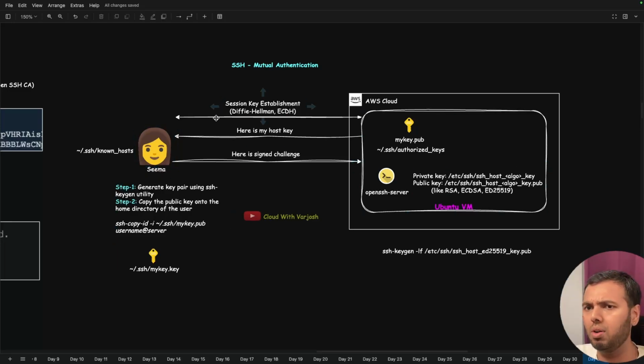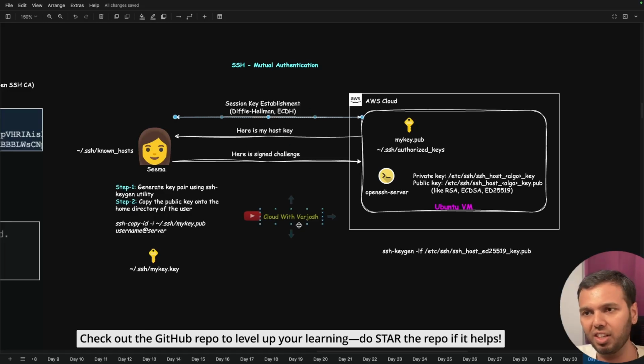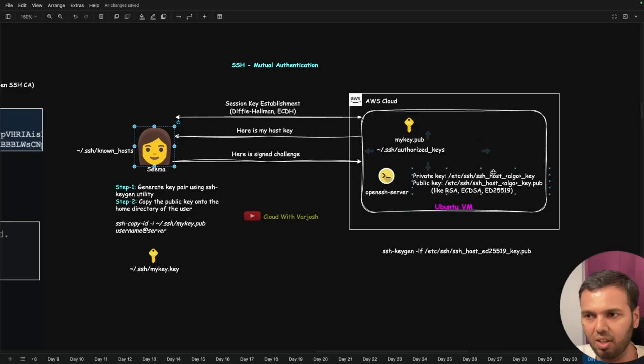But Varun, how is this key generated? What happens is Seema and the Ubuntu VM, or the server, generate an ephemeral key pair. Whenever they generate an ephemeral key pair, they share their public keys with each other, and based on that, a session key is created.